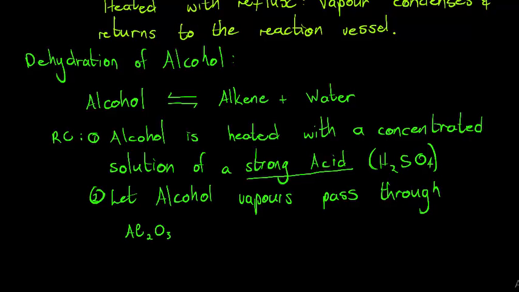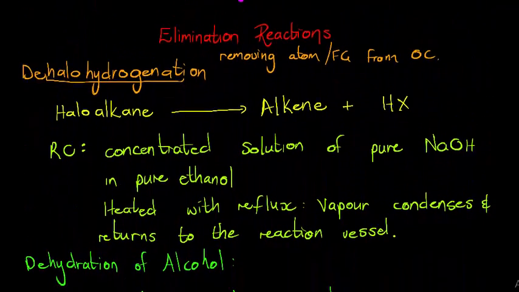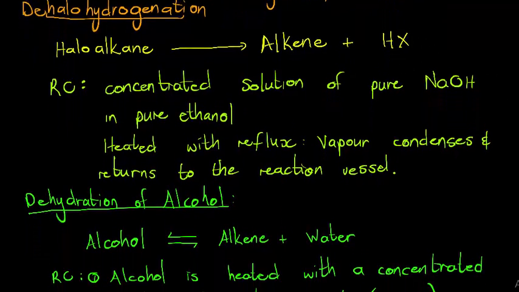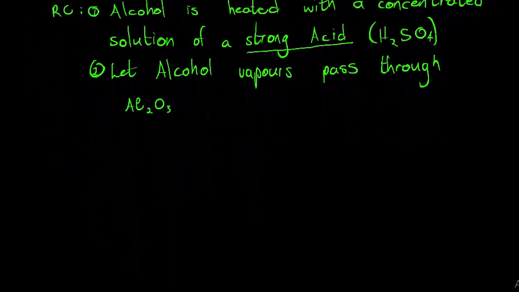Okay, so these are the only two elimination reactions we looked at, even though you do get a reaction called dehydrogenation and dehalogenation. Okay, so it is possible to do those two as well, but we're not looking at it.